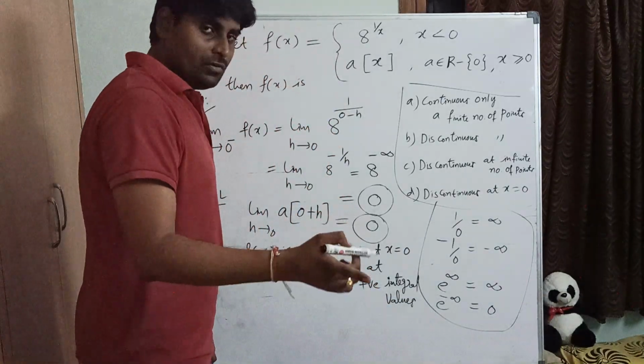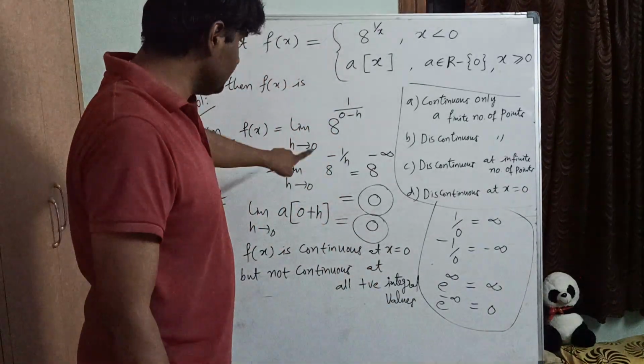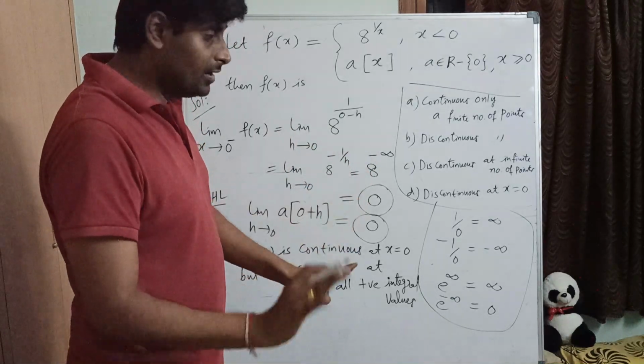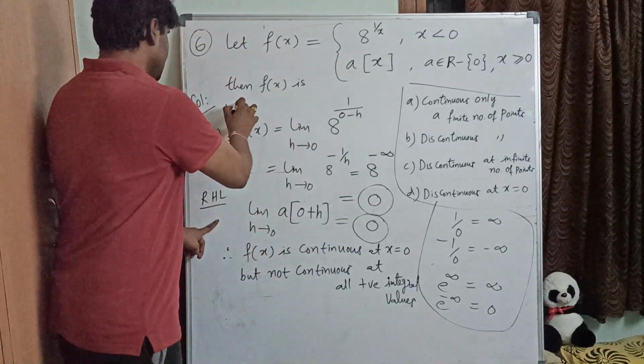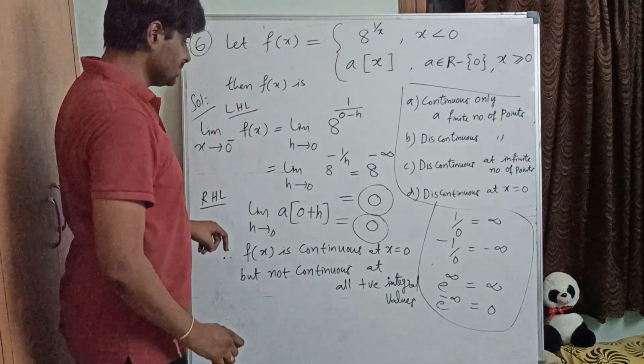At x equal 1, x equal 2, x equal 3, this will not be continuous. We will not get the same answer for LHL and RHL. So this is LHL, this is RHL.